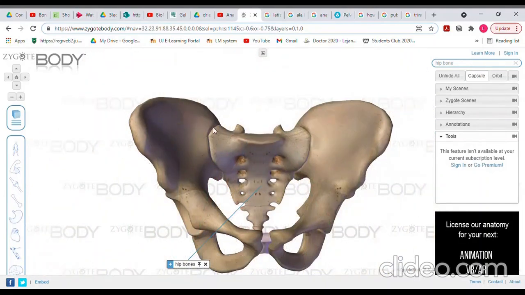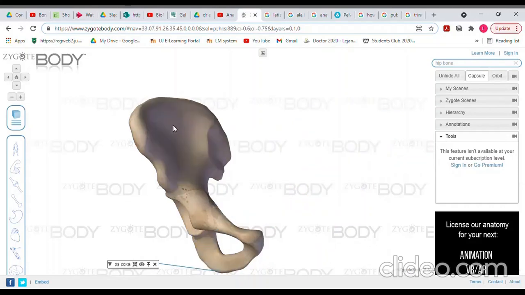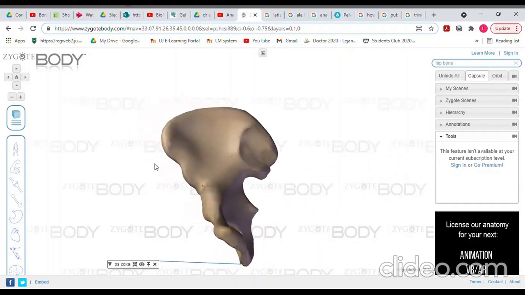It articulates at this rough surface of the bone. Okay? At this rough surface we have the articulation of the sacroiliac joint, and we also have the attachment point of some interosseous ligaments supporting the joint. Okay, so here we have a rough surface, and here we have a smooth surface that we call the iliac fossa.